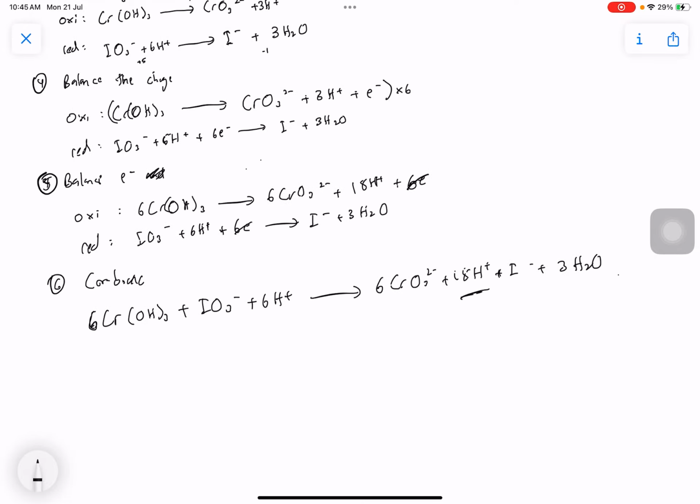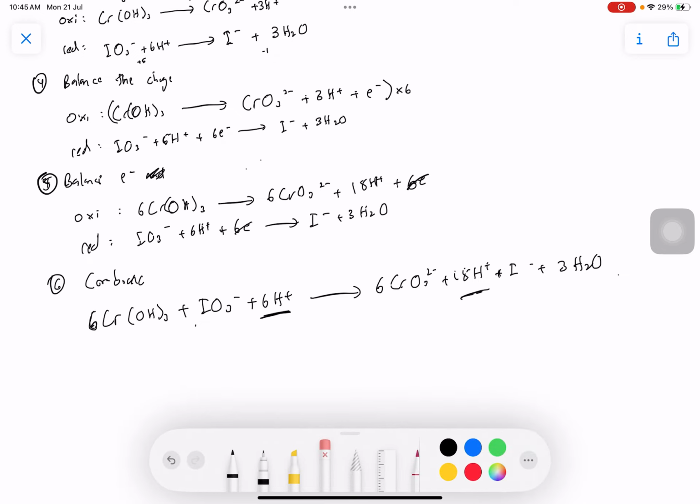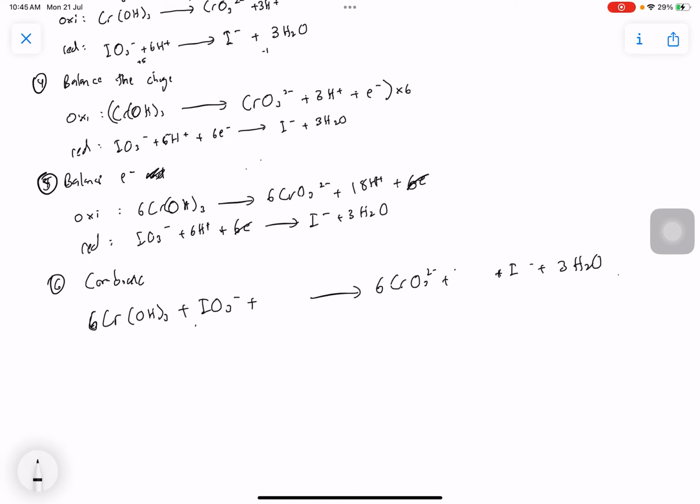Because we have 6H+ and 18H+, we can cancel out the H+. So minus 6H+ here, and here also minus 6H+, to become 12H+. So this should be the last. If you can simplify, you simplify. But this is the final answer.